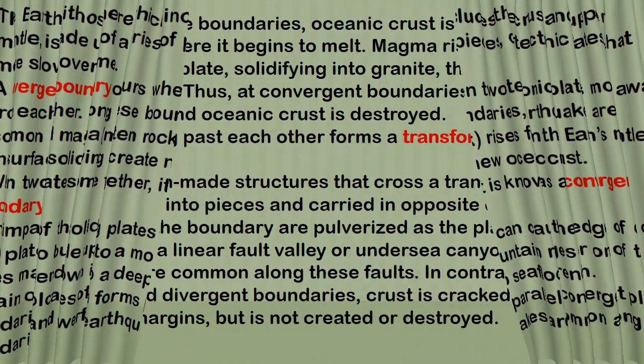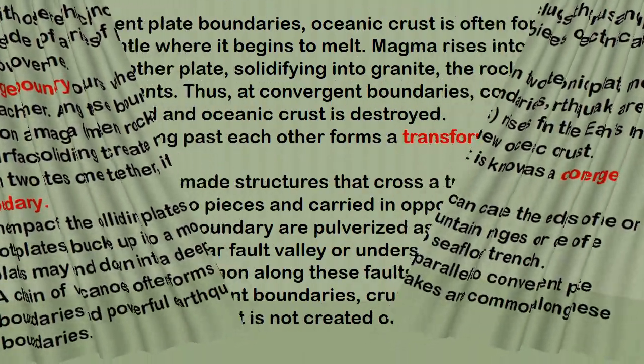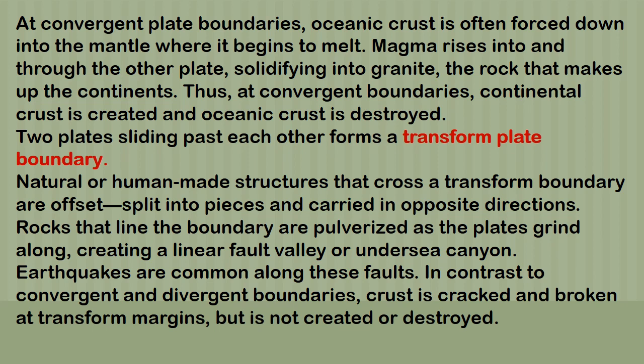Next, at convergent plate boundaries, oceanic crust is often forced down into the mantle, where it begins to melt. Magma rises into and through the other plate, solidifying into granite, the rock that makes up the continents.